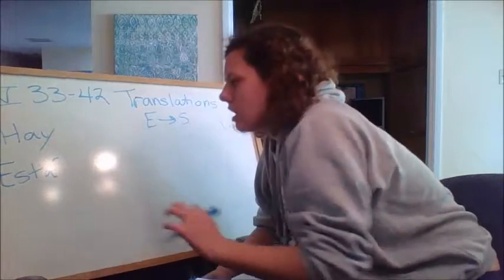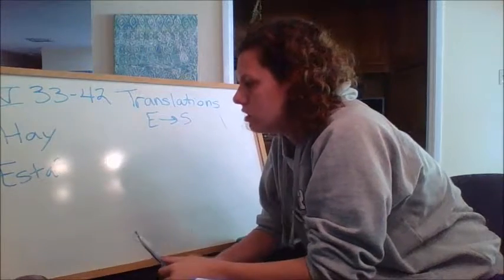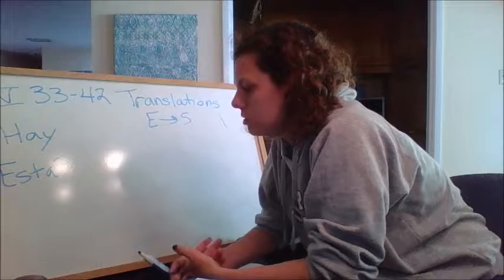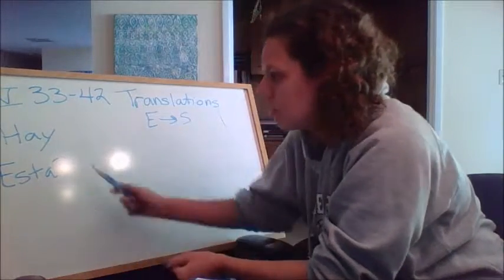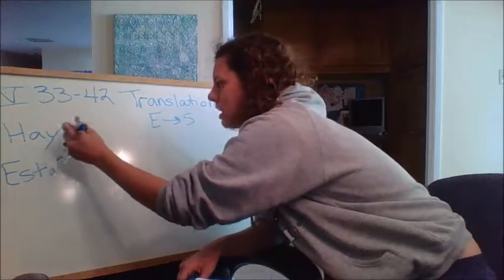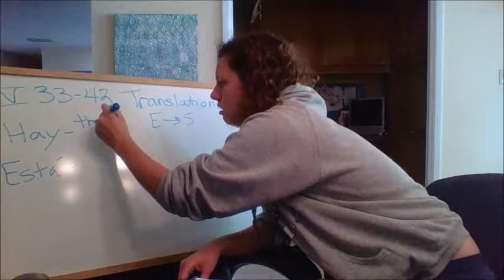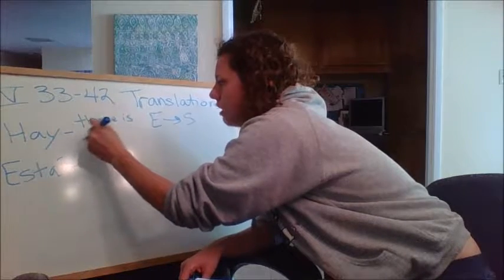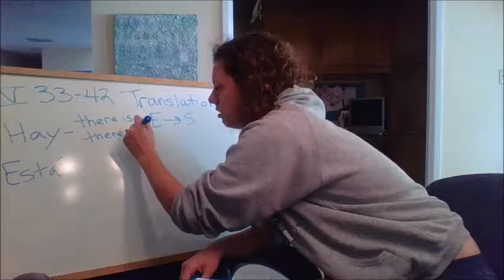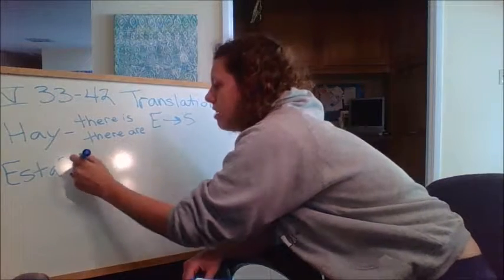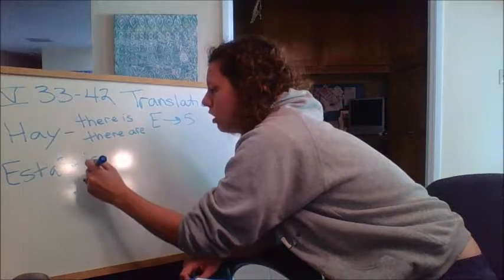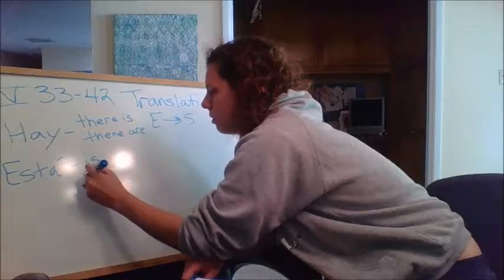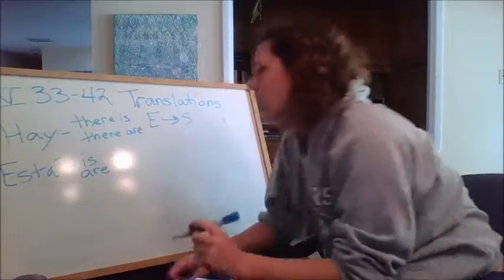Students can get hay and está confused because depending on how you're looking at the situation, sometimes you feel like it could be either thing. But hay means there is or there are. This means is or are.